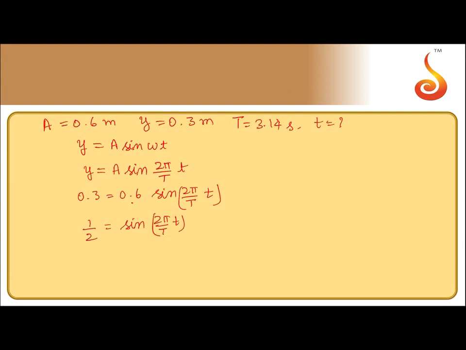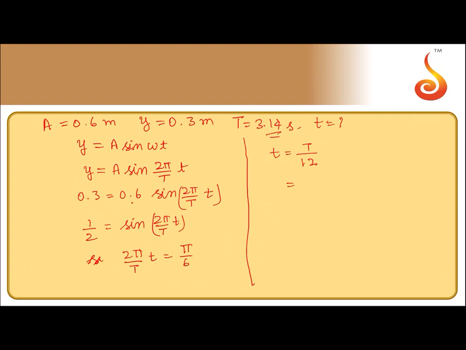So 2 pi by T into t should be sine inverse half. Sine inverse half is pi by 6. So that is 30 degree. So 2 pi by T into t should be equal to pi by 6. Now pi gets cancelled. What we get is t is equal to capital T divided by 12.